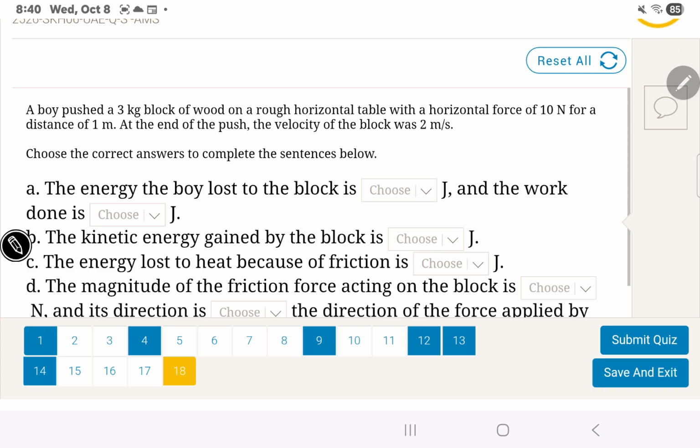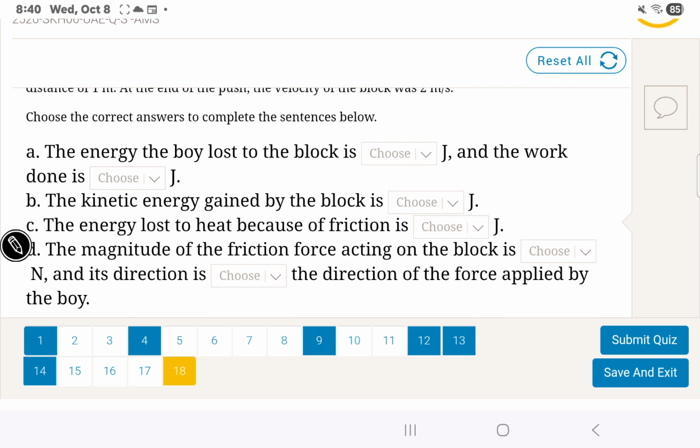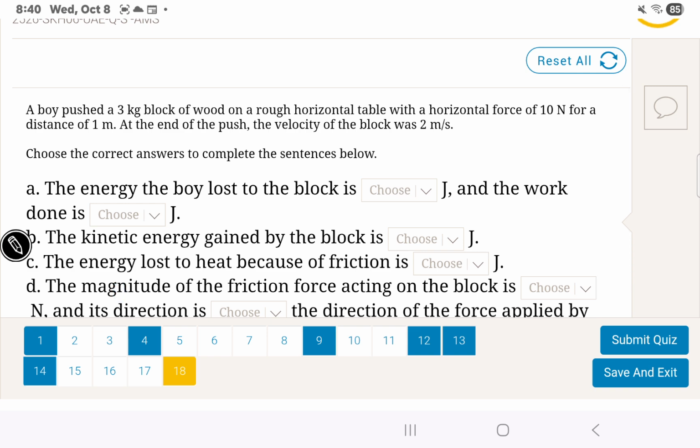A boy pushed a 3 kilogram block of wood on a rough horizontal table with a horizontal force of 10 newtons for a distance of 1 meter. At the end of the push, the velocity of the block was 2 meters per second. The energy the boy lost to the block is... Energy is work done. So here you have to multiply force times distance.